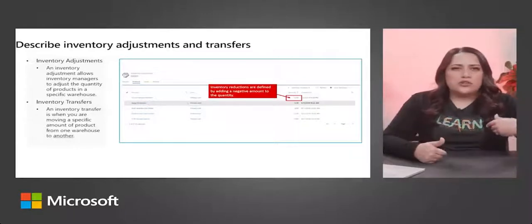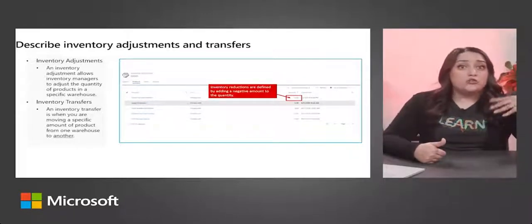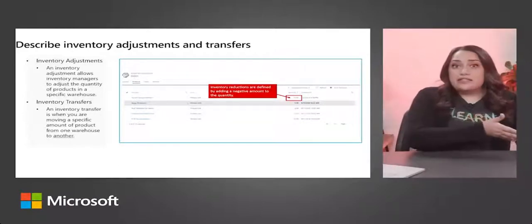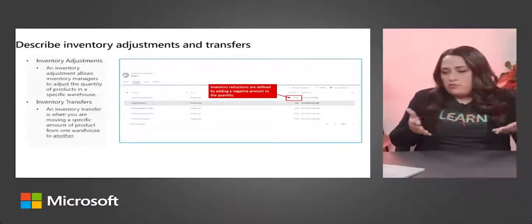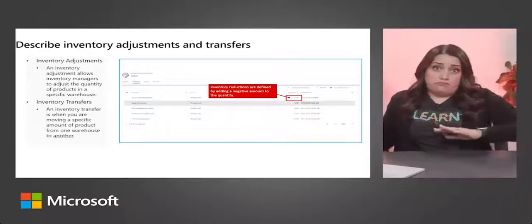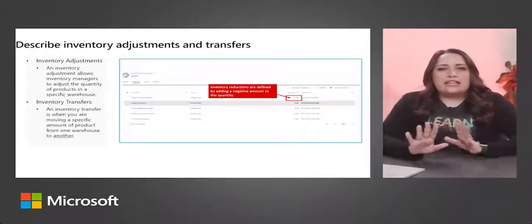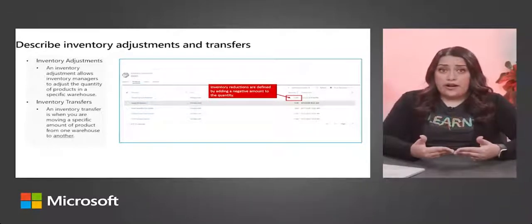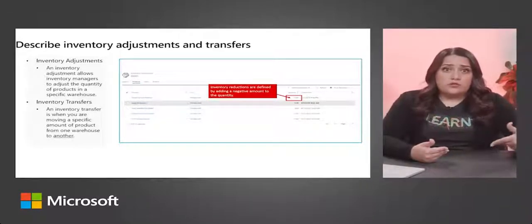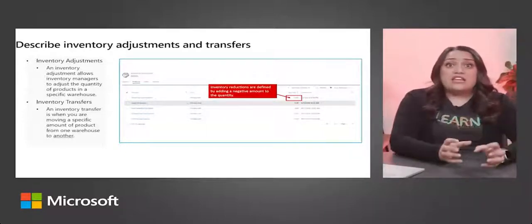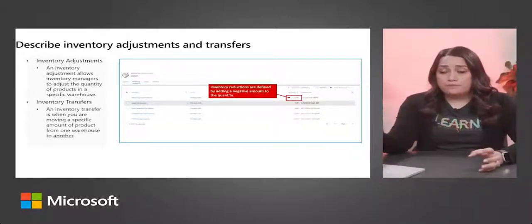Inventory adjustments might be used when you add a new truck or a physical warehouse to a building and you have to populate the inventory in it. Or maybe you simply got a new product and it needs to be added to a warehouse. So if you were setting the initial levels for a new warehouse, an adjustment product would be created that defines the product itself and the initial quantity for each one.